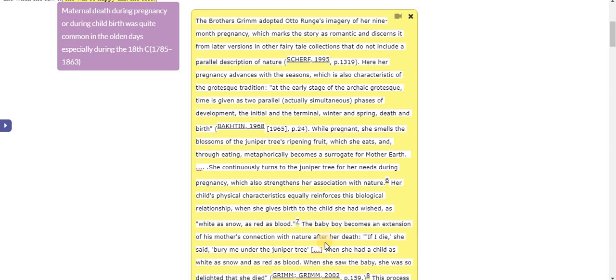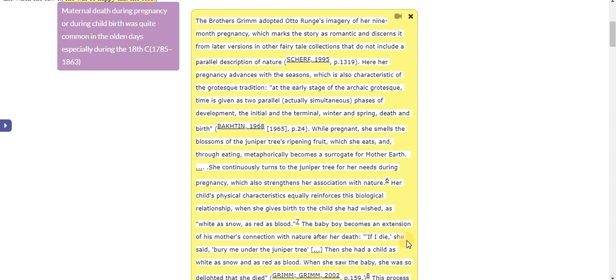These were natural attributes. So by giving birth to such a child, she has in turn given birth to a natural human being. There is a biological link between the child and nature.